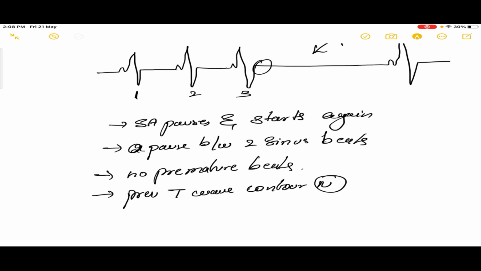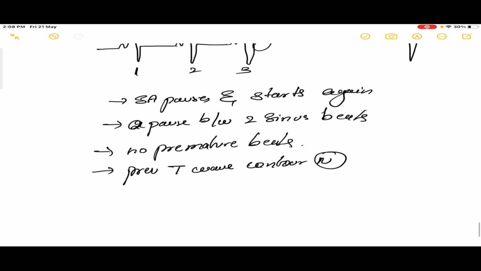This is because a similar kind of pattern is seen in atrial premature beats. In a few atrial premature beats, the premature beat merges with the previous QRS complex.